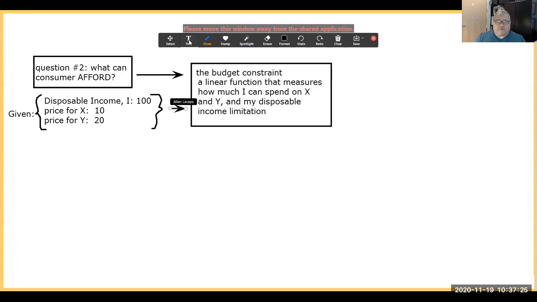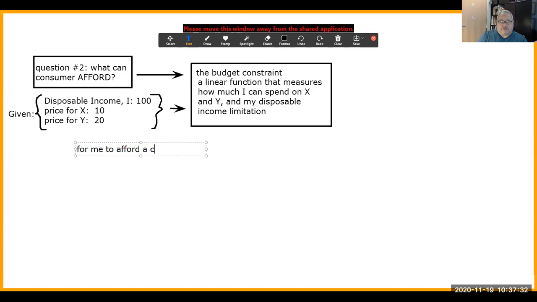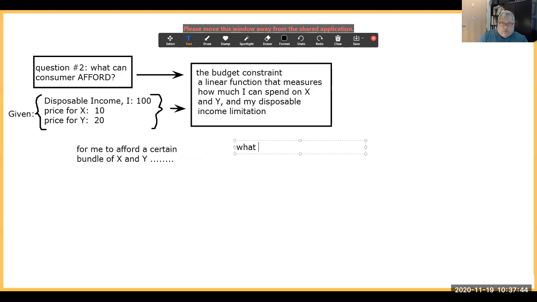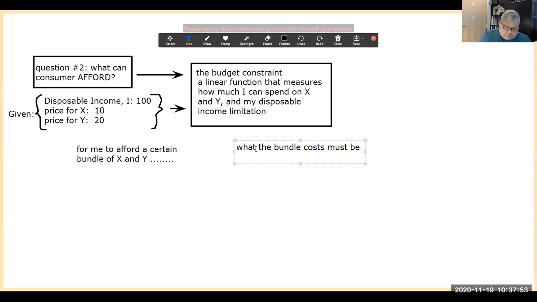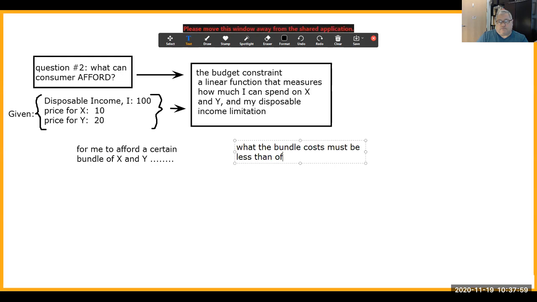And it must be the case that for me to afford a certain bundle of X and Y, what the bundle costs must be less than or equals to the income disposable.